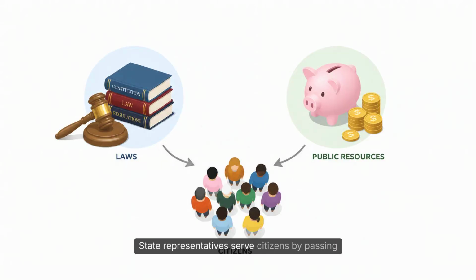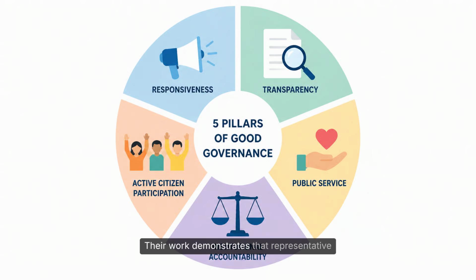State representatives serve citizens by passing laws, allocating public resources, overseeing executive agencies, assisting constituents, communicating with communities, and translating local concerns into public policy. Their work demonstrates that representative democracy depends on responsiveness, transparency, public service, institutional accountability, and active citizen participation.